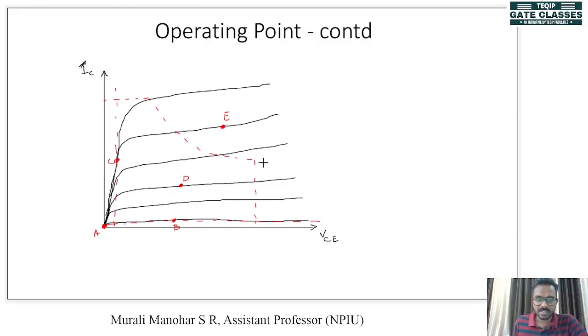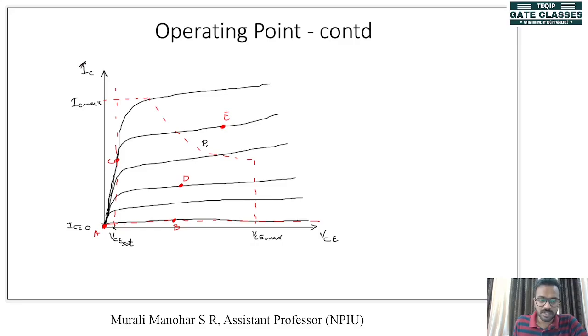Now this is the characteristics of the BJT. The different limits of operation are also shown here. This is IC max, VCE max, this point is VCE sat, and this point is ICEO, and this curve corresponds to the maximum power dissipation allowed.